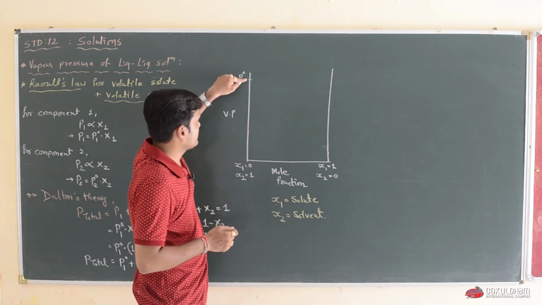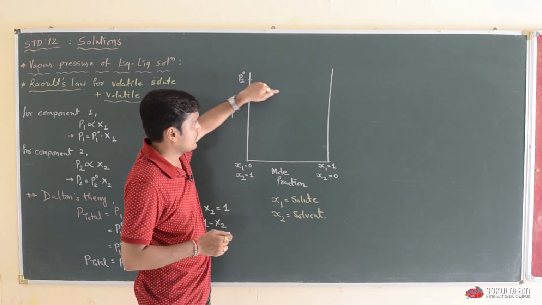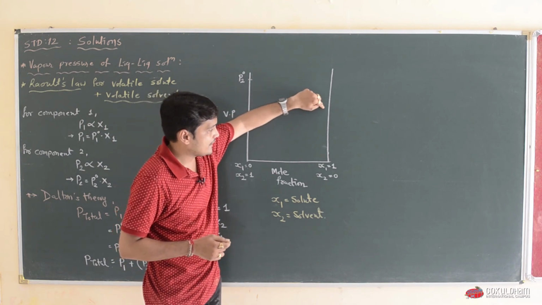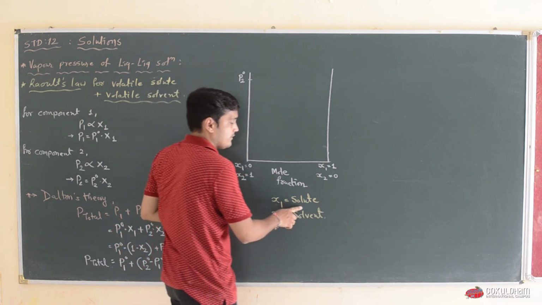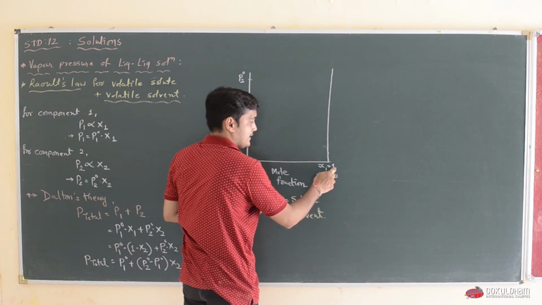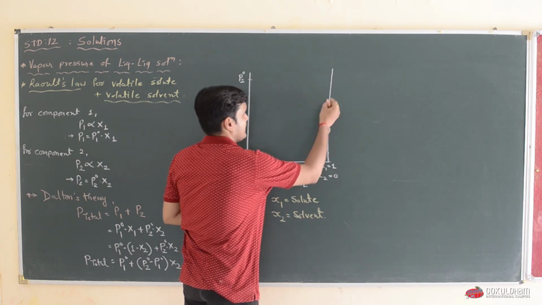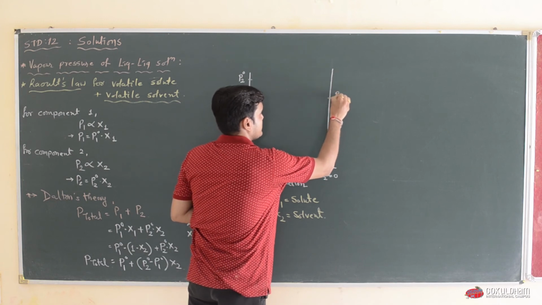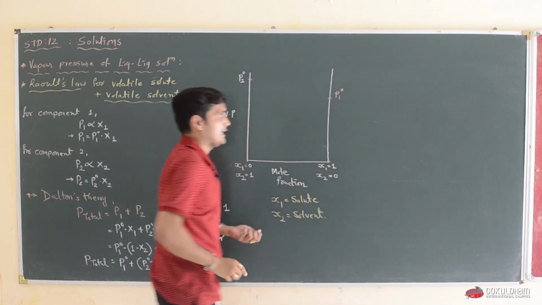So this vapor pressure will decrease toward the right hand side because the solute value is 1 on the right hand side. So we get pressure P10 on the right hand side.